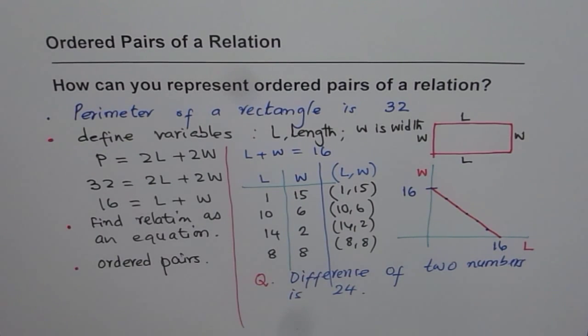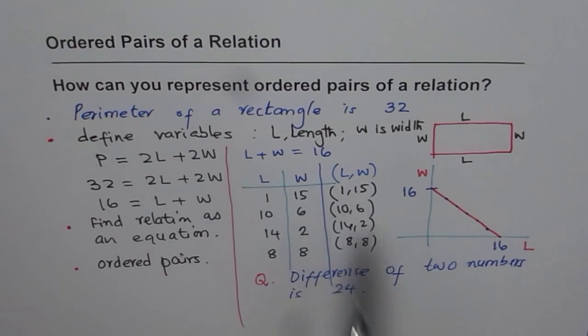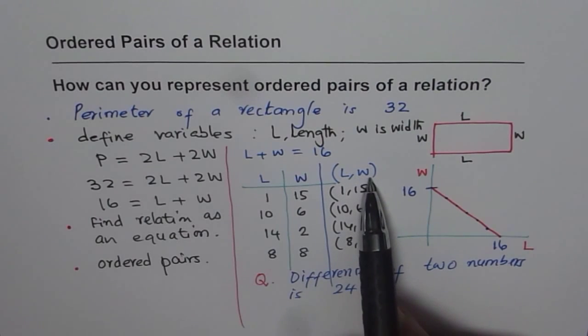So whenever we are talking about ordered pairs of a relation, first set up the relation in the form of an equation by defining the variables, and then identify which variable you will use as independent and which one as dependent. Normally the first variable which you write becomes the independent one. In the examples which we have taken, it really doesn't matter. You could have written width first and length later.